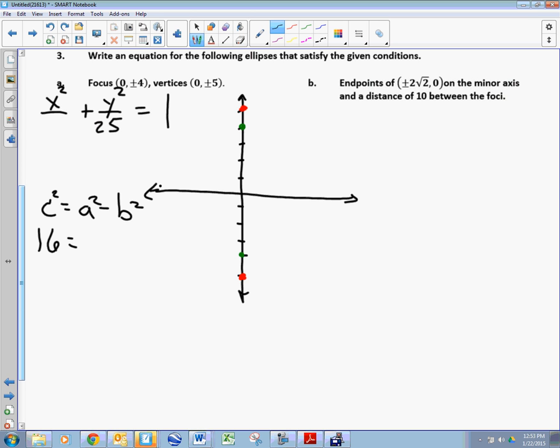C squared is 16. If this is 25, is that referring to a squared or b squared? A squared. Why? Yep, because the vertices, this can be the larger. So 25 minus b squared, how do you solve? Negative 9 equals negative b squared. So 9 is equal to b squared. So 9 goes underneath. So that's my equation.